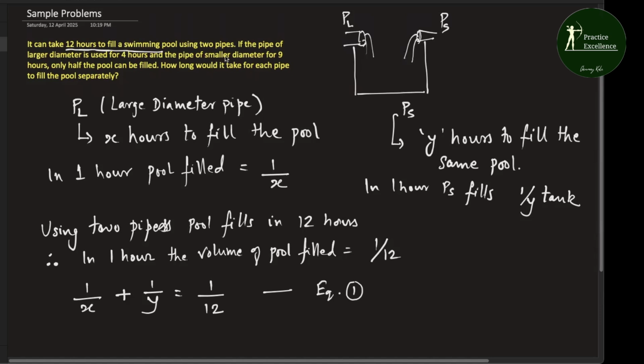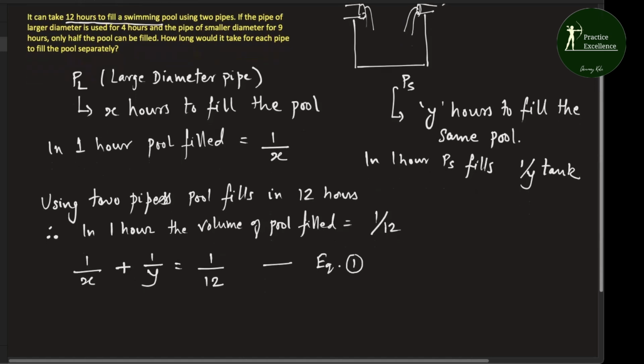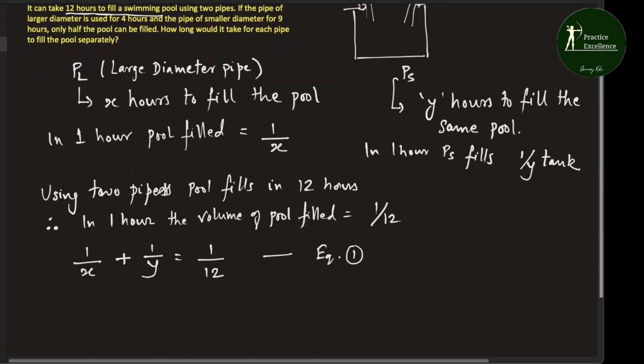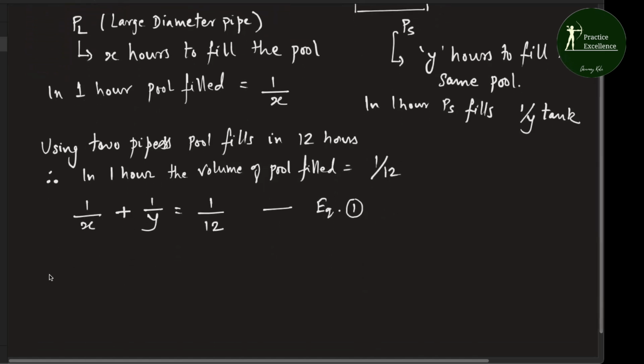We know that if the pipe of larger diameter is used for 4 hours and the pipe of smaller diameter is used for 9 hours, only half the pool can be filled. So we know that PL is used for 4 hours. So how much pool is filled in 4 hours? The larger pipe fills how much of the pool in 4 hours?